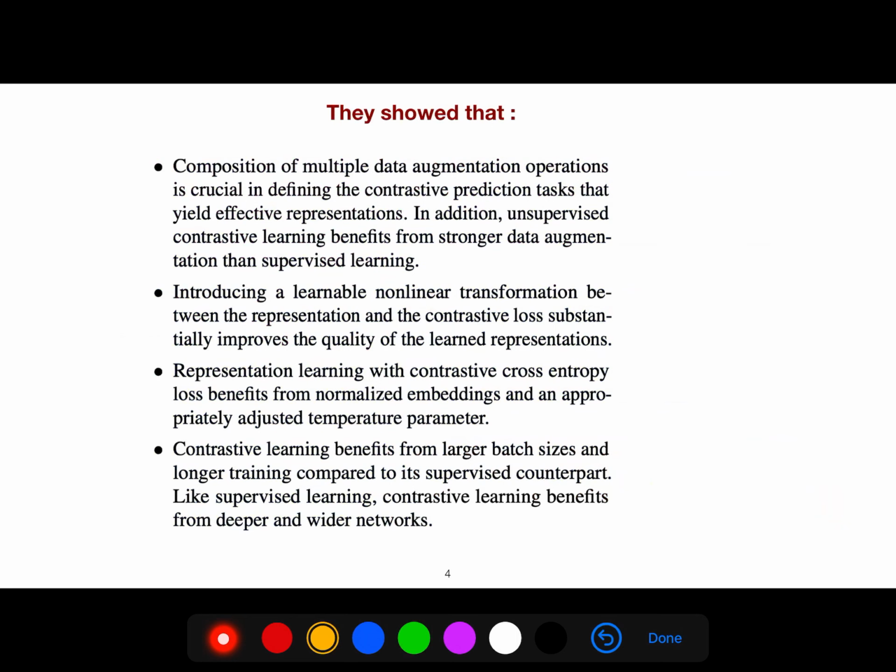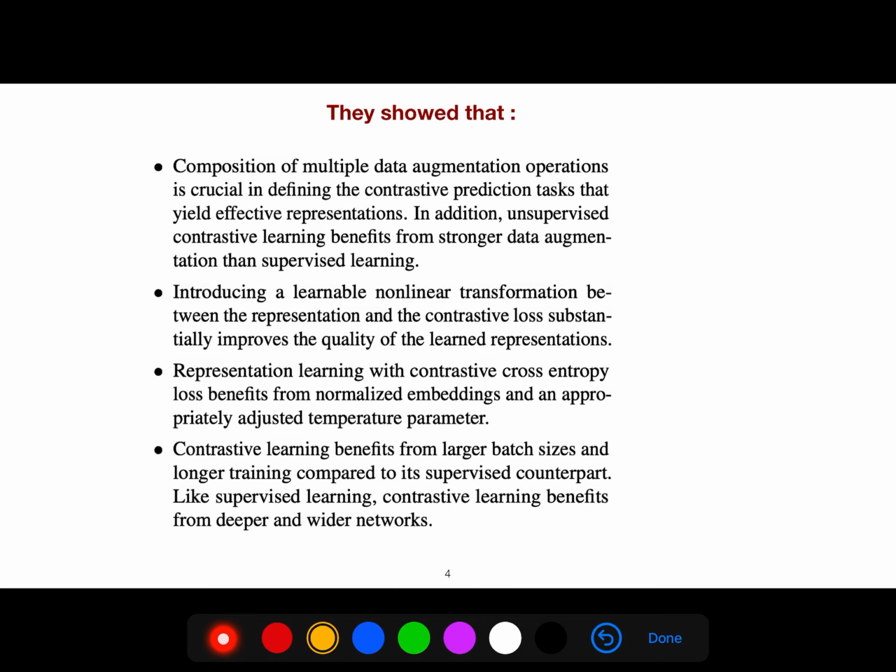So they showed that composition of multiple data augmentation operations is crucial in defining contrastive prediction tasks that yield effective representations. In addition, unsupervised contrastive learning benefits from stronger data augmentation than supervised learning. Introducing a learnable nonlinear transformation between the representation and the contrastive loss substantially improves the quality of the learned representations.